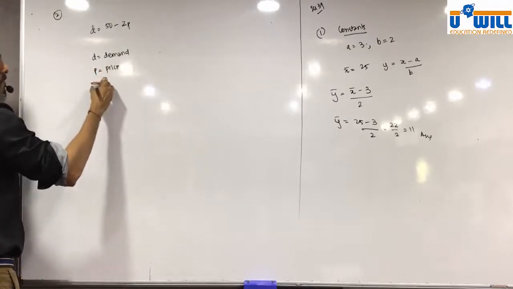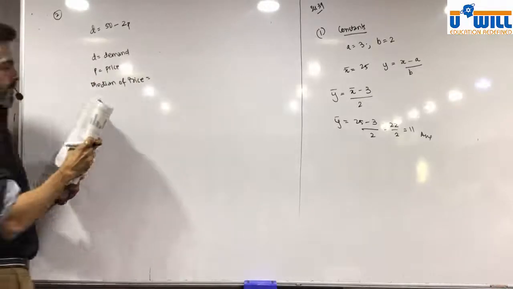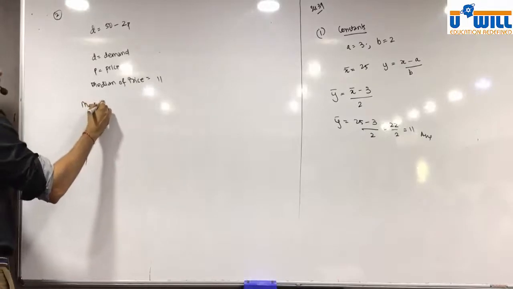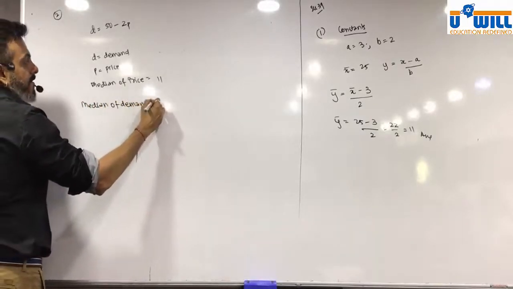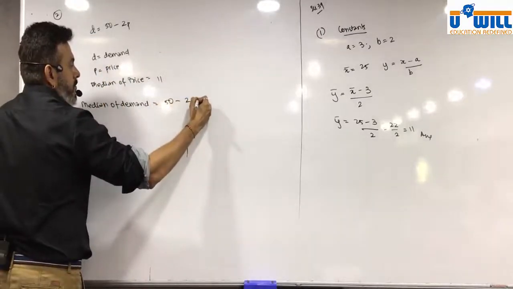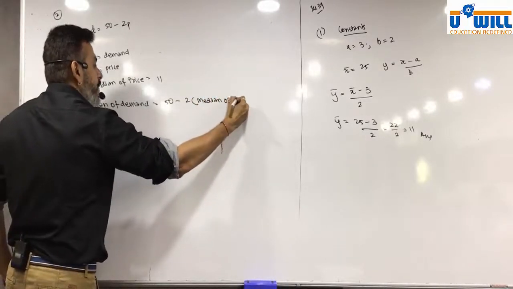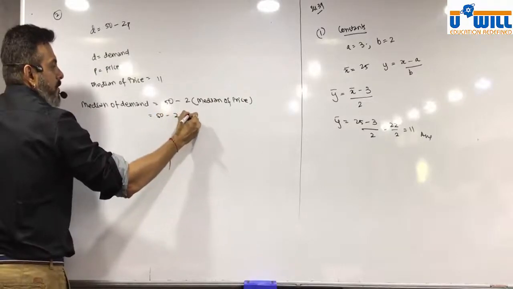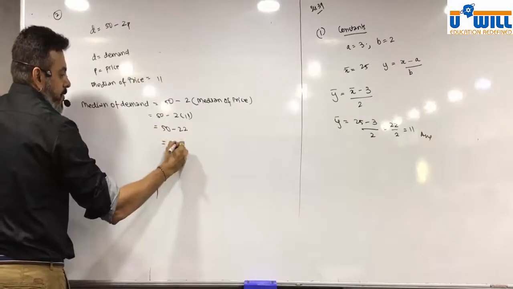Now median of price is 11. So what we have to find? Median of demand. Directly we substitute 50 minus 2 into median of price is equal to 50 minus 2 into 11 is equal to 50 minus 22 is equal to 28.